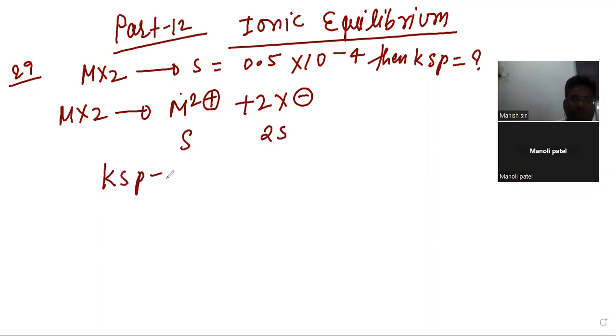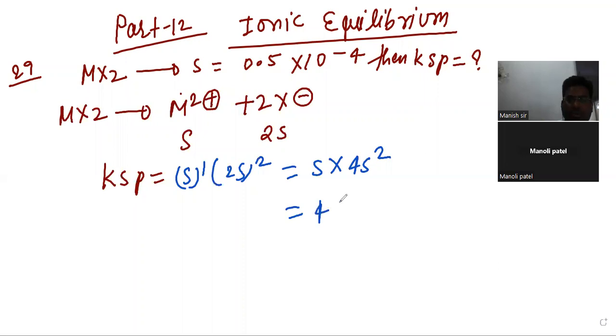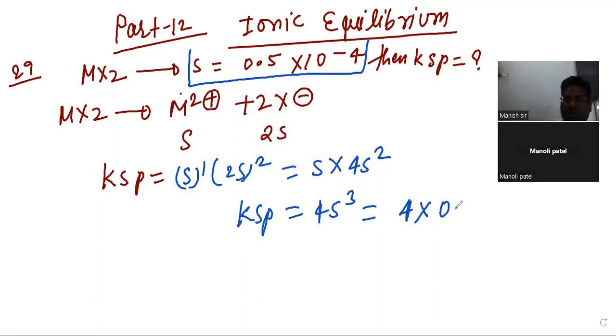So the Ksp formula becomes S raised to 1 into 2S raised to 2, so it will be S into 4S², so 4S³ is equal to Ksp. So it will be 4 into the S value we know, 0.5 × 10^-4, raised to 3.